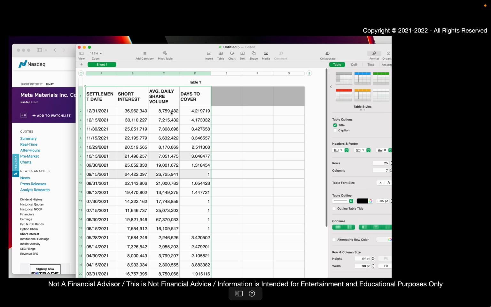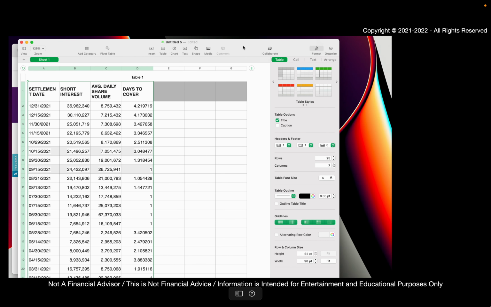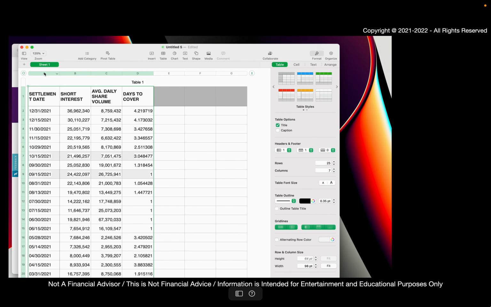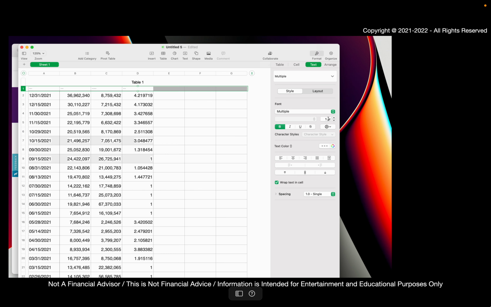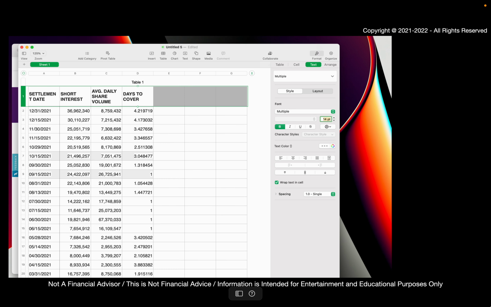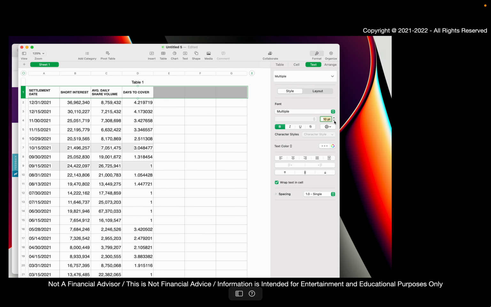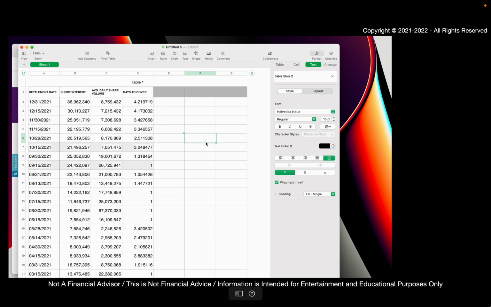There's all the data, and let's see if we can decrease some font sizes. This looks incredibly large right now, so let's make it bigger than 1 point. Let's increase that to, let's see, 14 point, maybe a little bit less. Yeah, that looks decent. Okay.